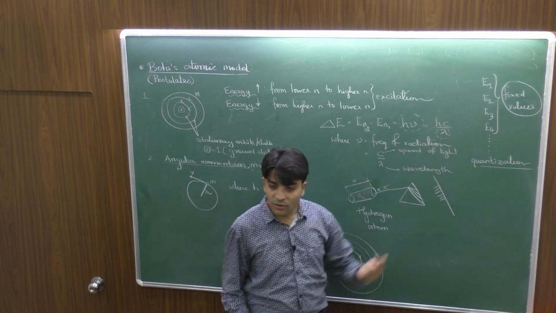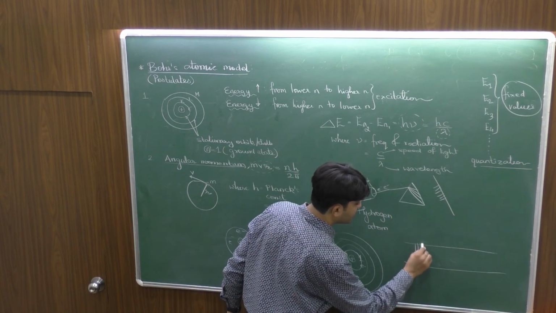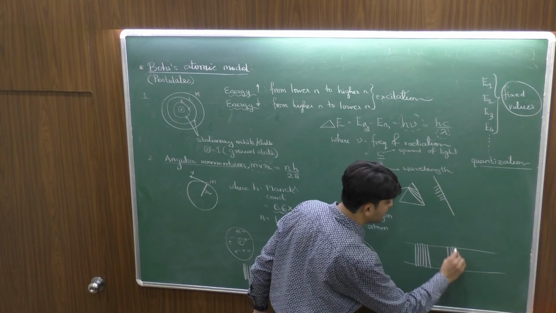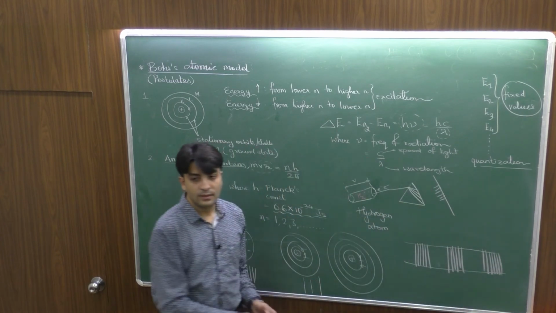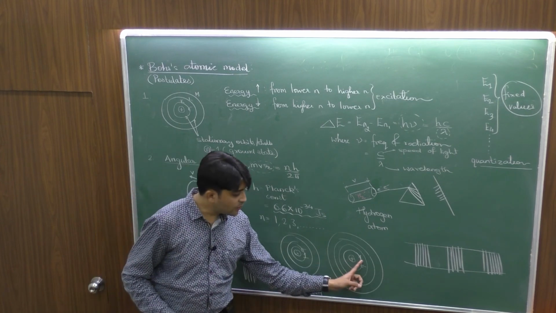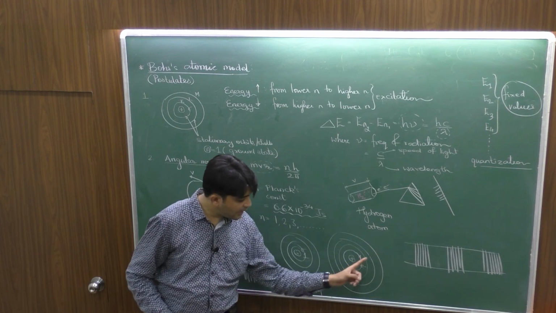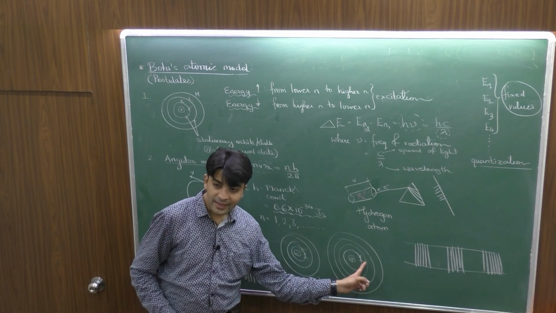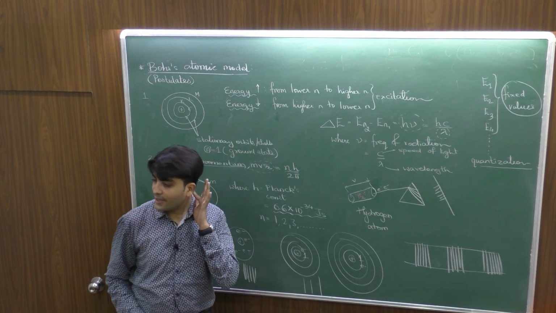Because of that, the actual spectrum observed will be somewhat like this. You will get multiple lines at every level or shell: first orbit, second orbit, third orbit, because there is a possibility that the electron can jump from the higher level to the second level also, the third level also, and depending on that we can derive an expression for them.